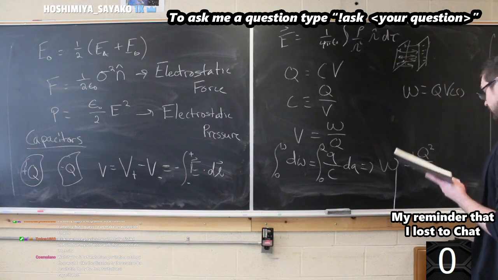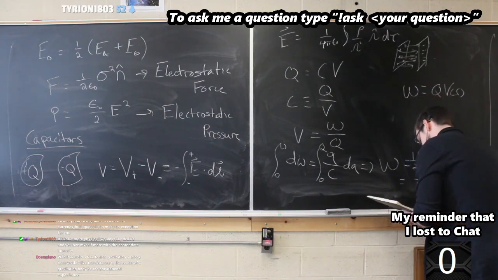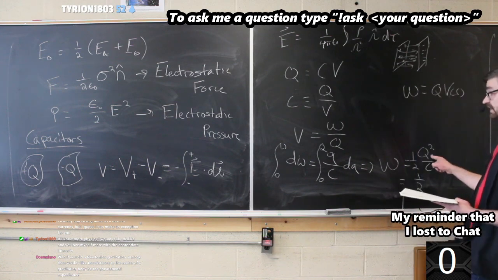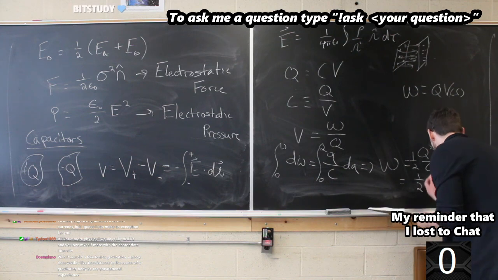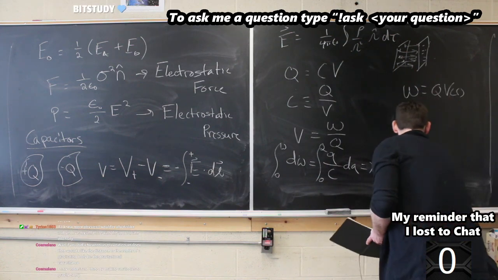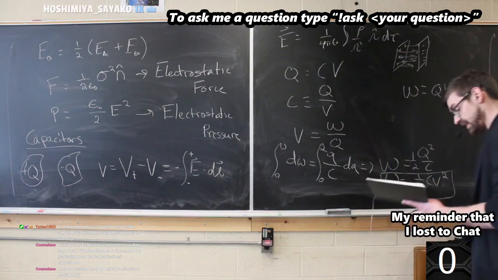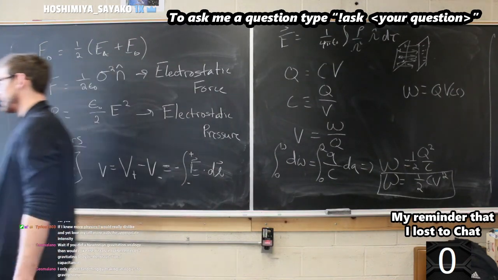Straightforward integration. So we want to substitute this Q in for this. We get 1/2 CV squared. So our work is equal to 1/2 CV squared, where V is the final potential of the fully charged capacitor.